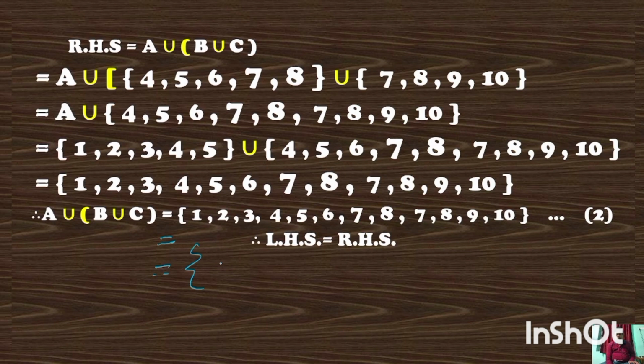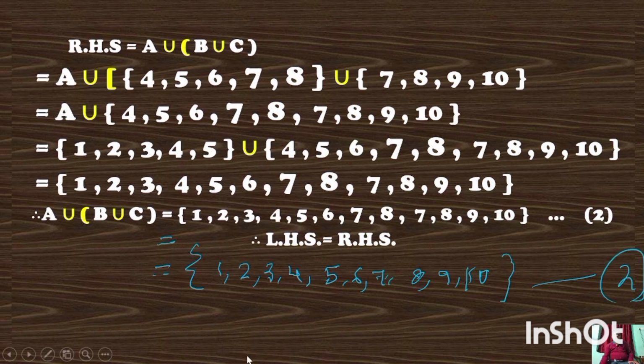So the set is 1, 2, 3, 4, 5, 6, 7, 8, 9, 10. This is the element set, and this is equation number 2 we got.